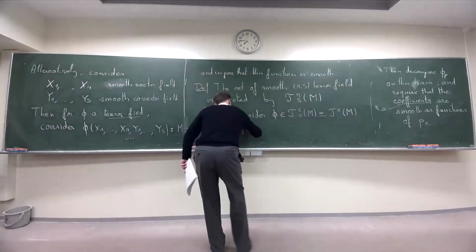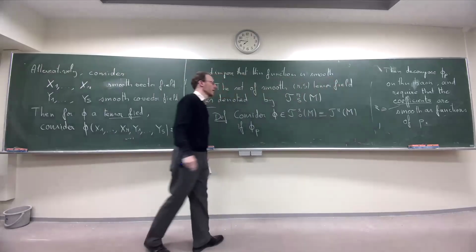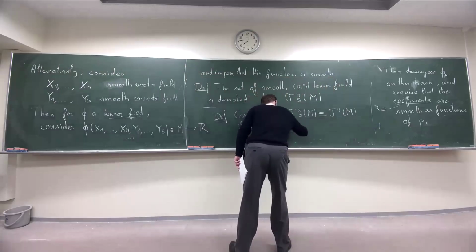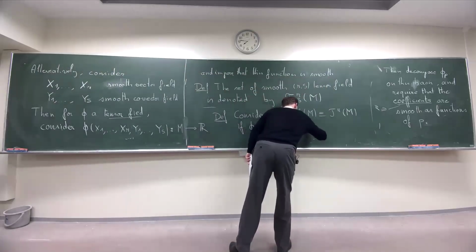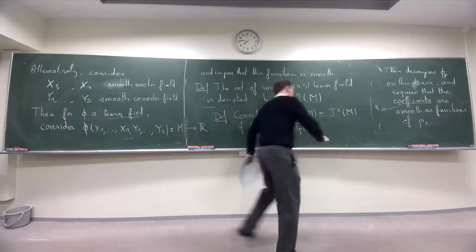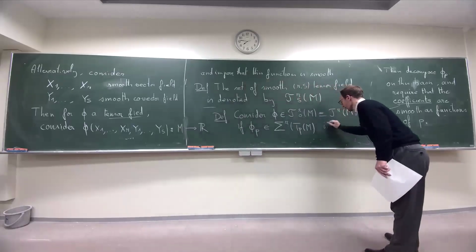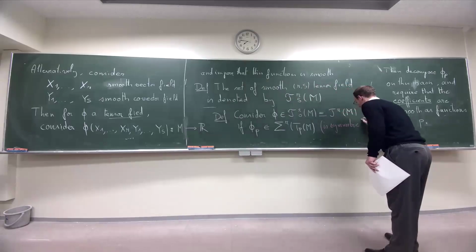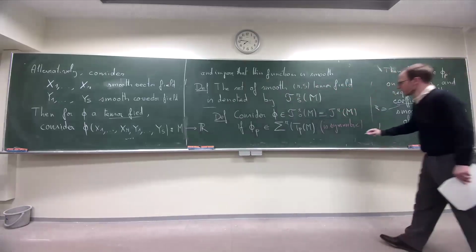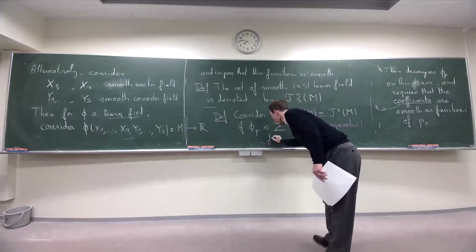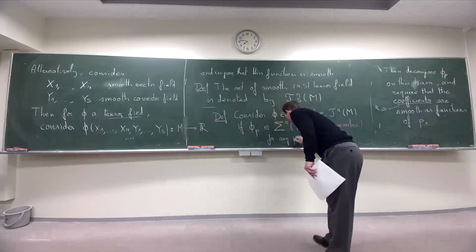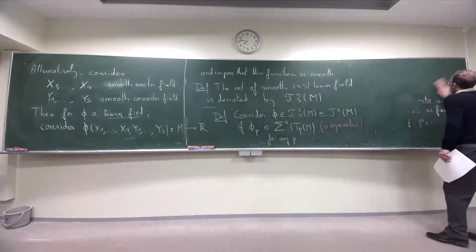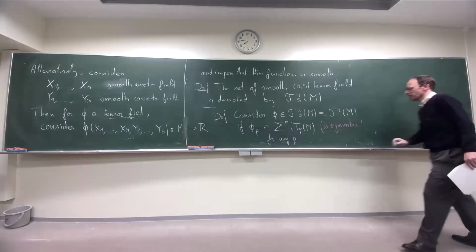If phi at a point belongs to, so what does it mean? It means it is symmetric. If this is symmetric for any p, then I'm going to say that this is a symmetric tensor field.